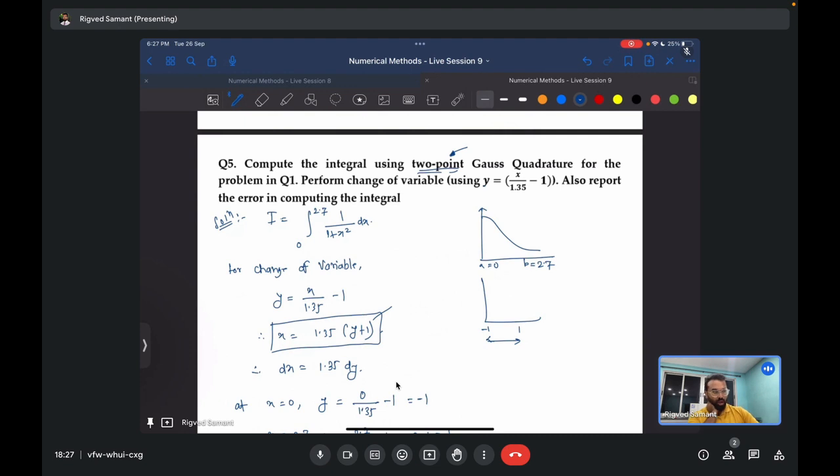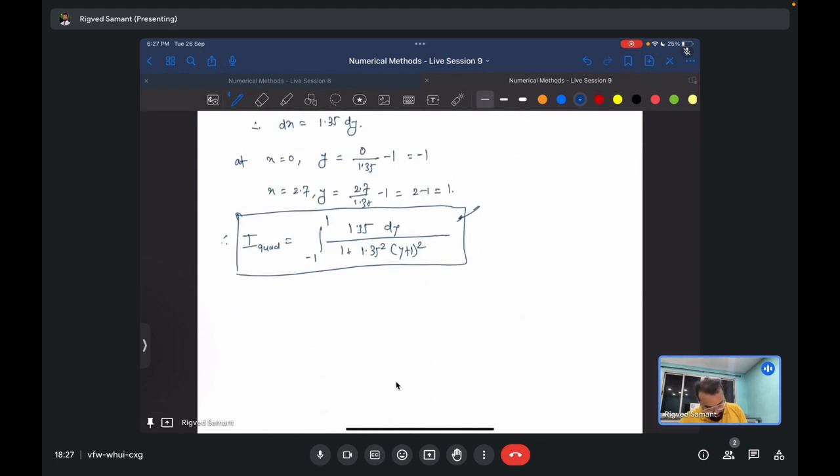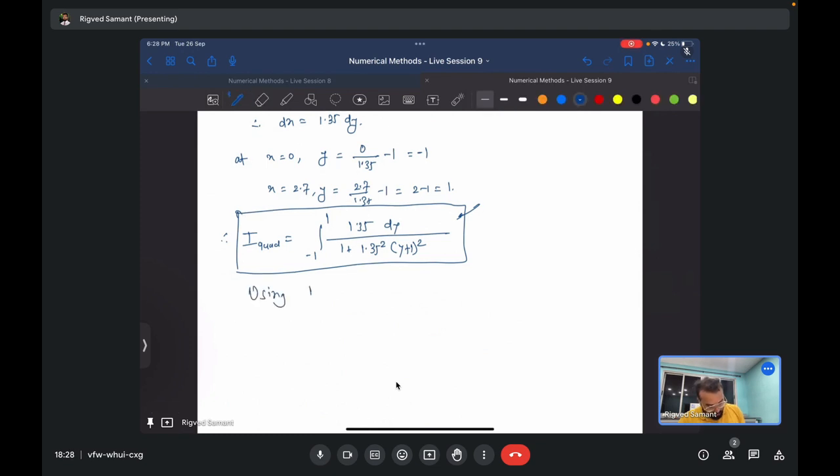It has already told you to use 2-point Gauss quadrature. So the 2-point Gauss quadrature formula, the value of this I quad is given by f of -1 divided by √3 plus f of 1 divided by √3.